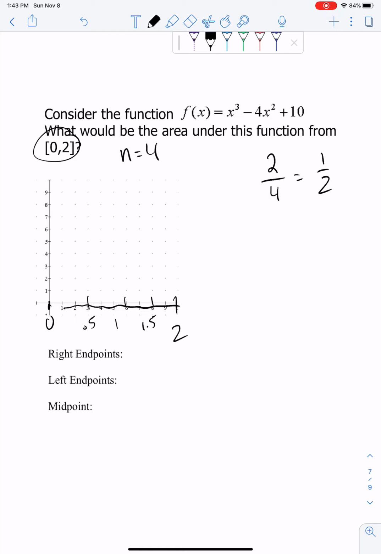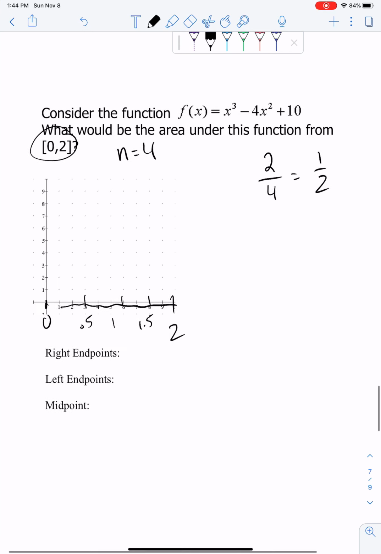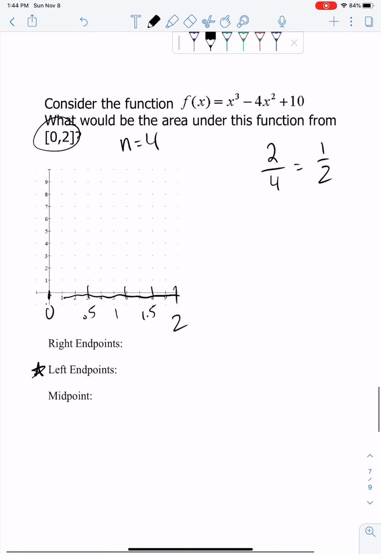So when I'm trying to find these left and right endpoints, let's do the left endpoint first. Okay, I know it says right endpoint first, but let's do the left endpoint first.